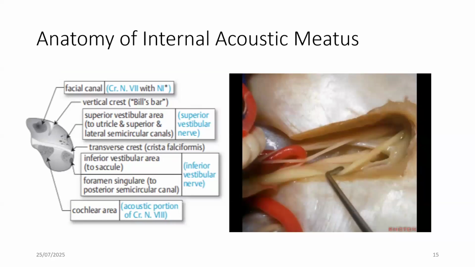Now, anatomy of the internal acoustic meatus. So the internal acoustic meatus is a foramen that is the exit point of cranial nerves 7 and 8. The anatomy in this meatus is constant, as I previously alluded to.